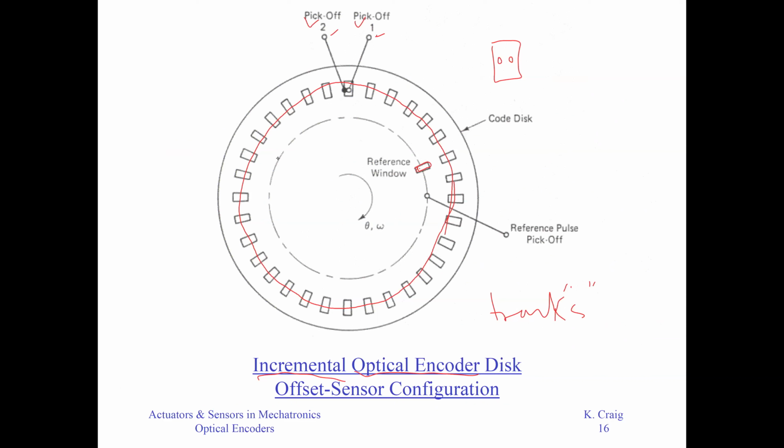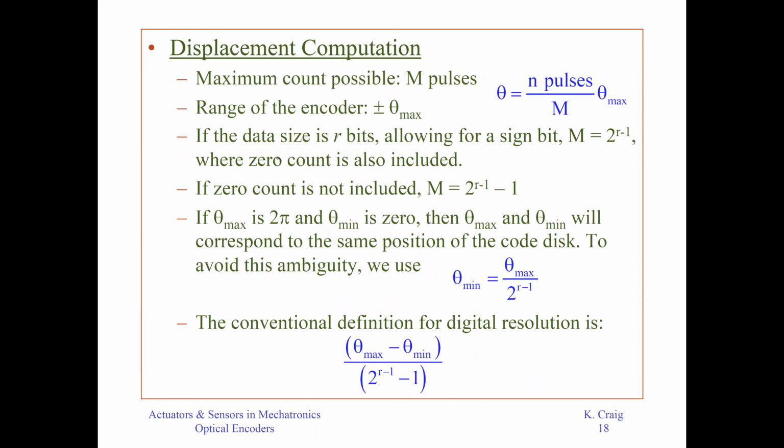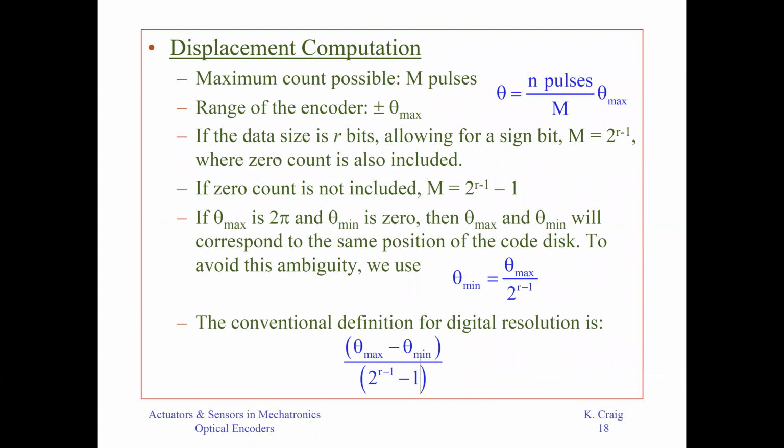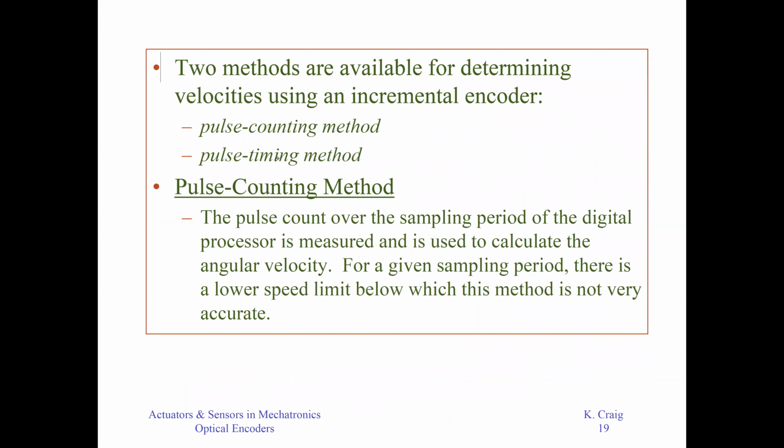That's the beauty of having two pickup points and this arrangement. This is also called a quadrature arrangement, a quadrature element. In many of the modern designs, they use this quadrature element. And all these need pulse counting. You need hardware to count the pulses, and you can do pulse counting or pulse timing.